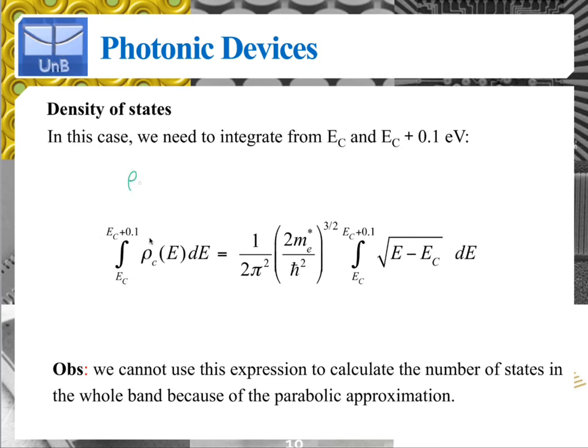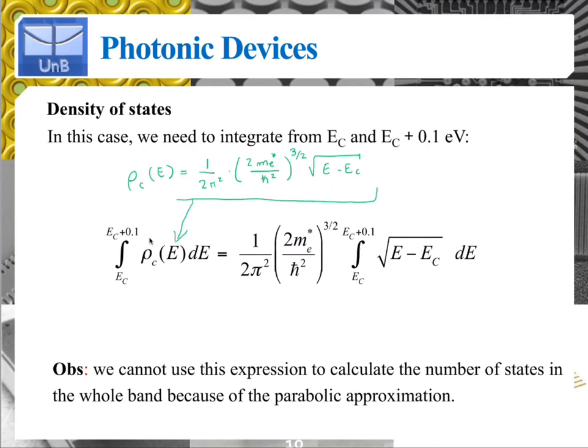Now we've just seen that rho C of E with the parabolic approximation was 1 over 2 pi squared times 2 times the effective mass of the electron in the conduction band, sometimes I write this MC star or ME star, divided by H bar squared, all of this inside the parentheses to the power of 3/2, times the square root of E minus EC. This is the expression for the density of states.